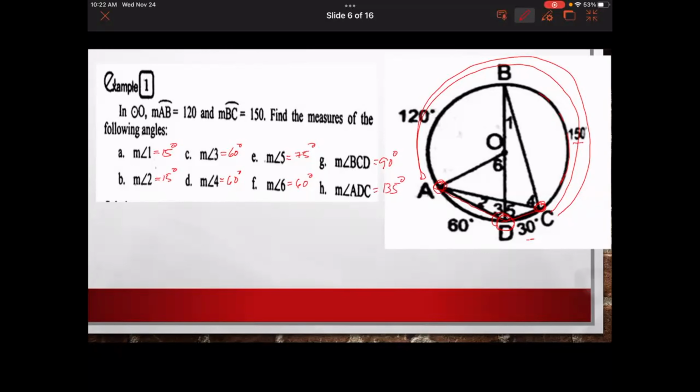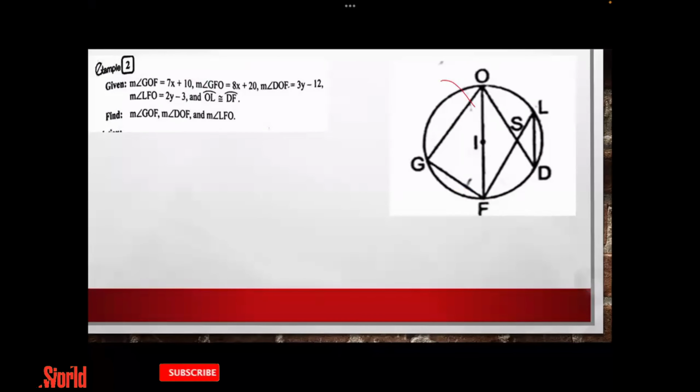Add po yung 120 plus 150 plus half. Okay, so you add 120 plus 150 because starting from letter A, going to B and then to C. That is what is in front of it. So, you have 120, add 150, you will have 270. Then you divide it by 2. Then you have 135 plus 10.